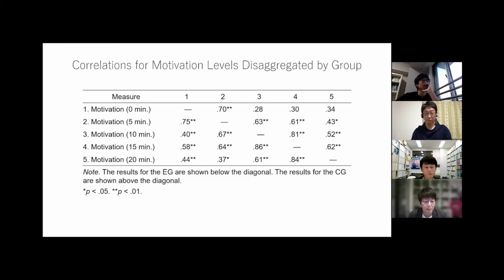However, there was a difference in the tendency between the 2 groups. Motivation at the start of the group work in the CG lessened its impact on subsequent motivation, but the EG relatively maintained its influence even at the end of the activity.